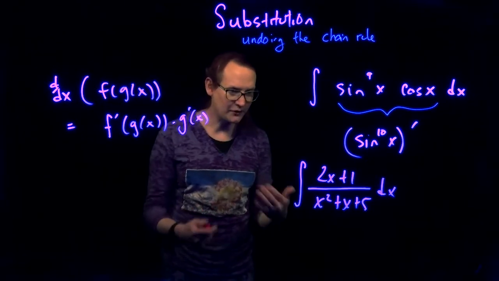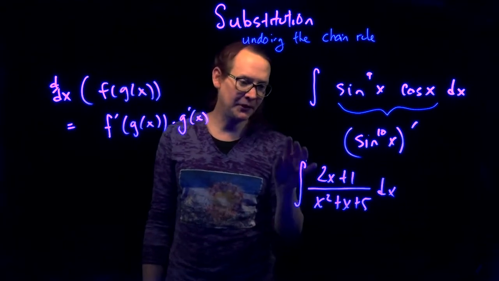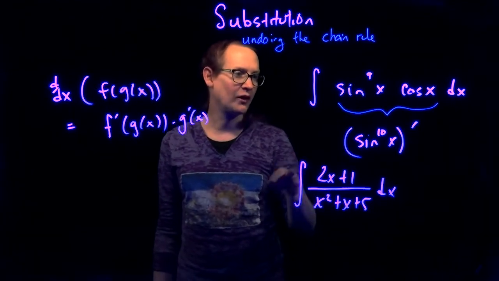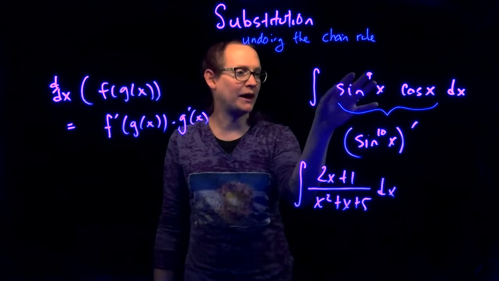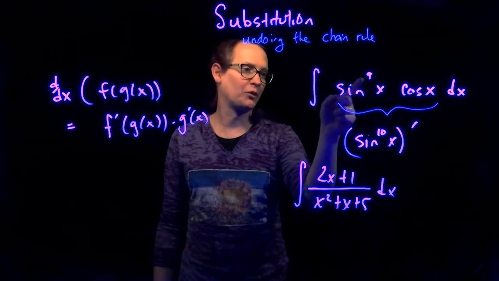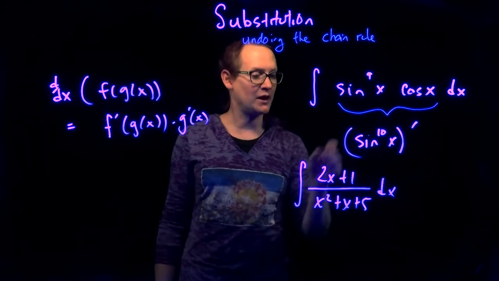What we're hunting for when doing substitution is something that's the derivative of something else. In the previous problem, cosine was the derivative of sine, and the bigger function was to the 9th.